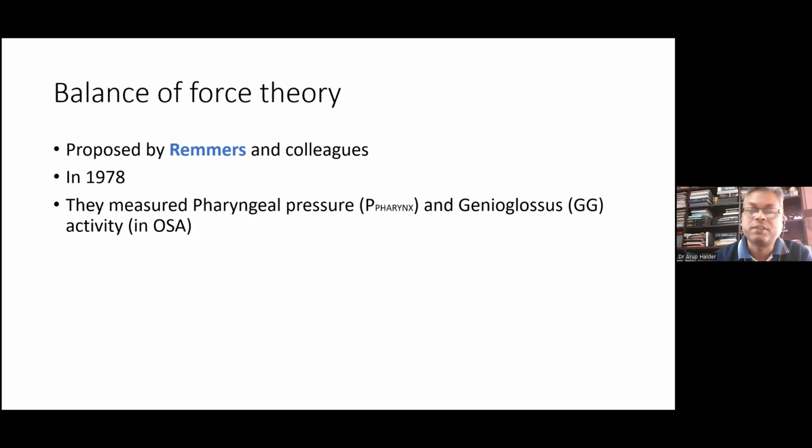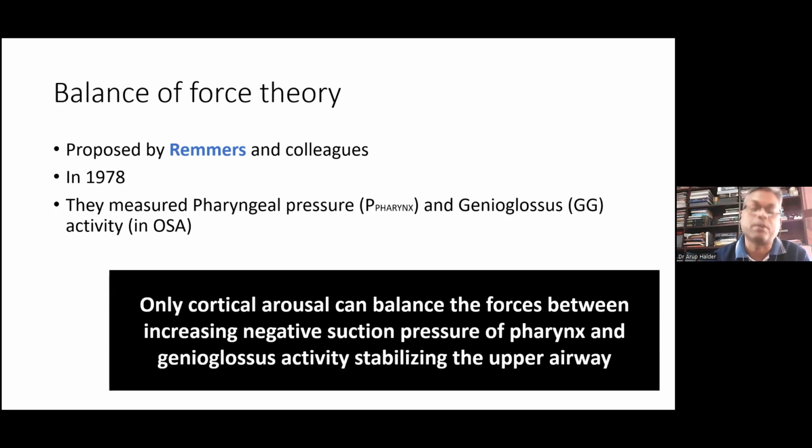What he saw is very interesting: at the beginning of an obstructive event there is loss of muscle tone and increased negative pressure. But as the negative pressure increases, the muscle tone in the genioglossus also increases, though not sufficiently to maintain the patency of the upper airway, and ultimately the upper airway collapses until there is an arousal.